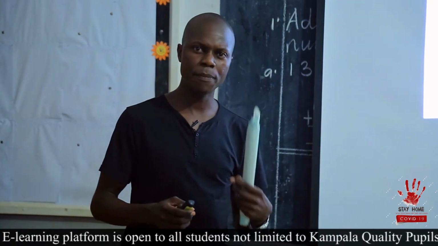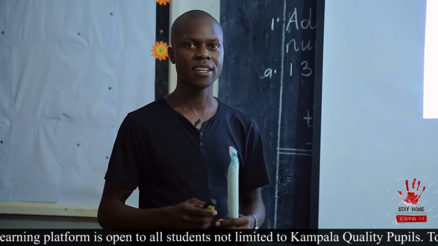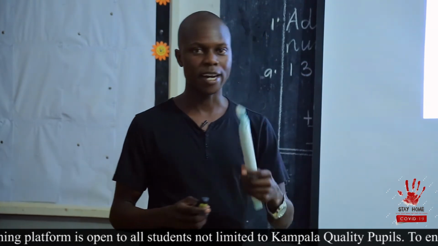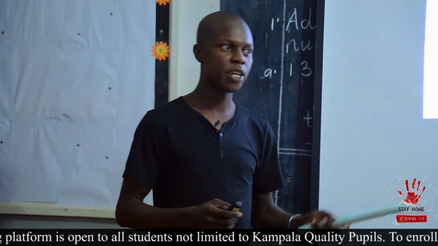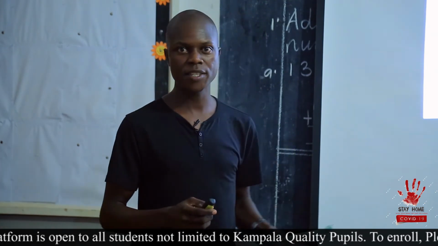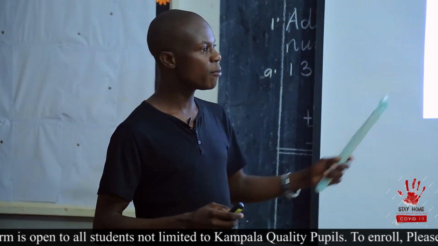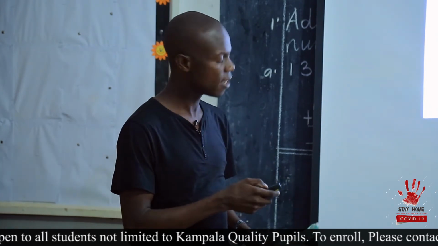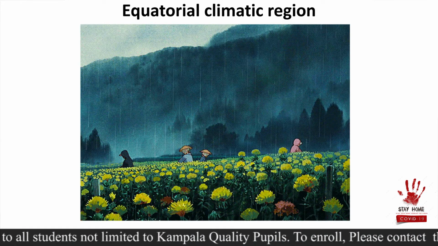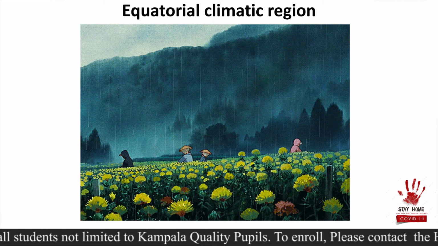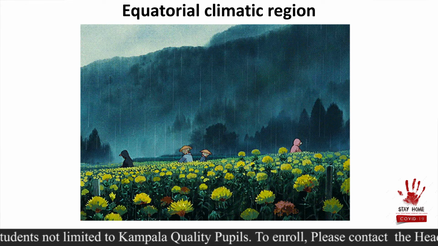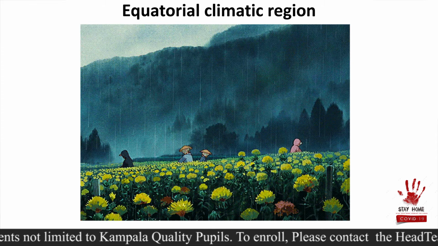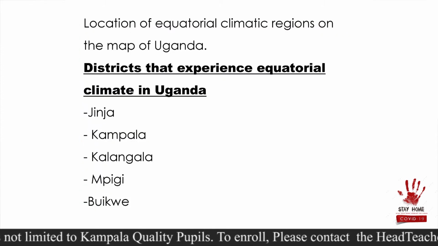So, which parts do you think? You have moved around Uganda, you have been on tours with your parents and at school. Can you find such places in Uganda that have such rainfall? Or maybe you were in such a place and it started raining heavily like that. Okay, so we can proceed.